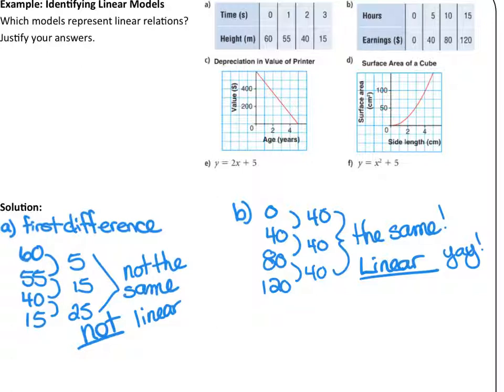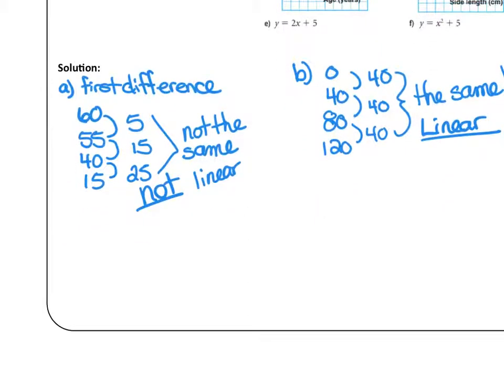When we're looking at graphs, so we'll do C and D. Notice in C, this is a straight line. It doesn't have any curves to it. It just goes in the downward direction, but it is a straight line. So right away, I can just look at it and C is linear.